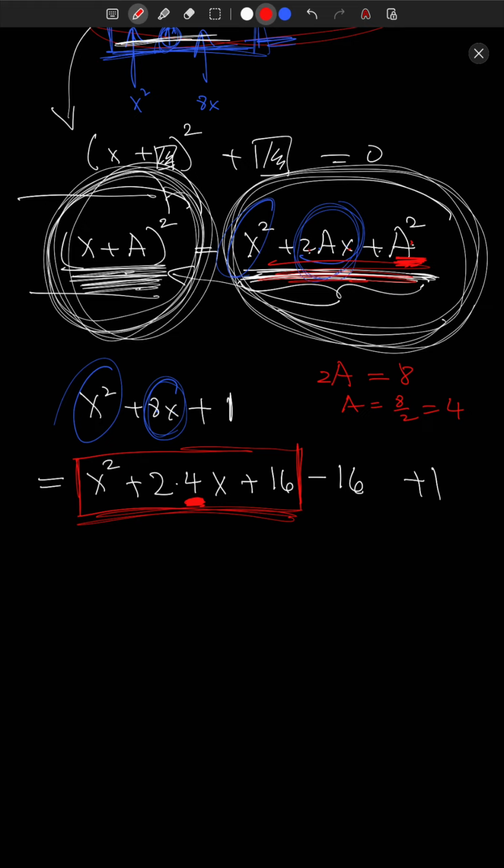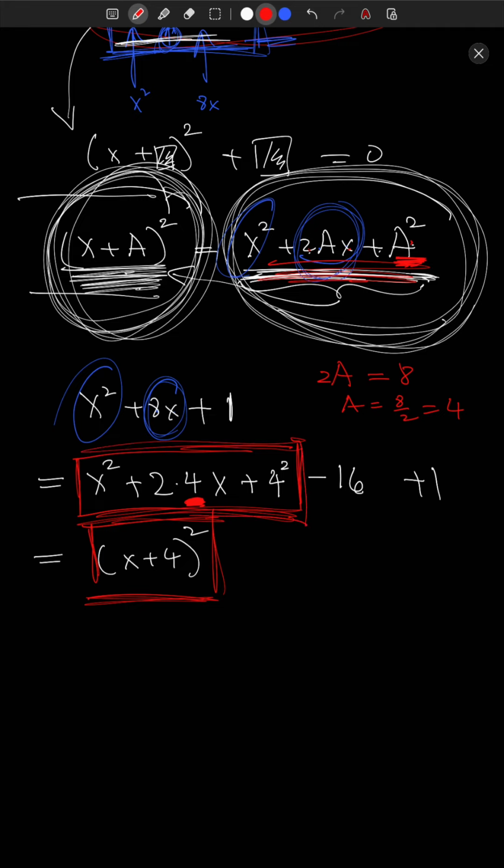So, in fact, let me emphasize that by not writing 16, but by writing 4 squared, all right? And so this guy that I've boxed is actually equal to x plus 4 whole thing squared like that. All right. So that was why we did all these shenanigans. It makes me have this term equal to those 3 there, right?